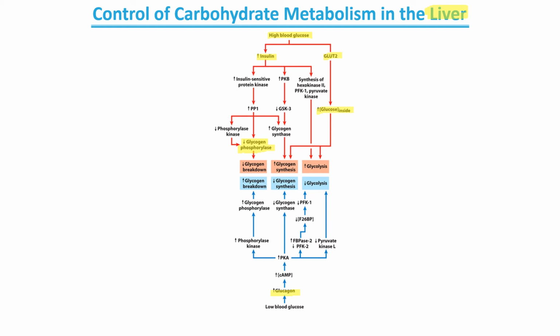If you want to go into detail, then this is done by the insulin sensitive kinase, increasing the activity of PP1 and decreasing activity of phosphorylase kinase, and these things were there in the diagrams, the cascade reactions in between. But even this much is enough. High levels of insulin inhibit the glycogen phosphorylase.